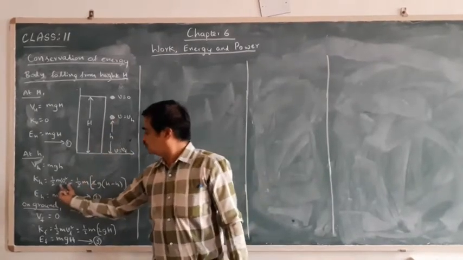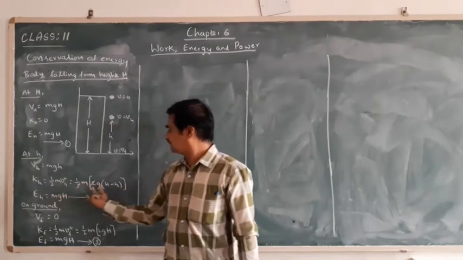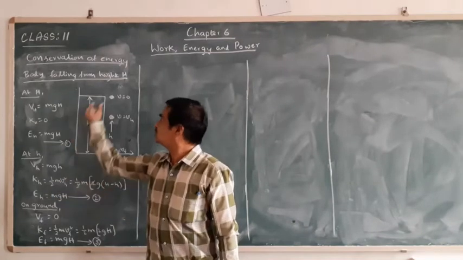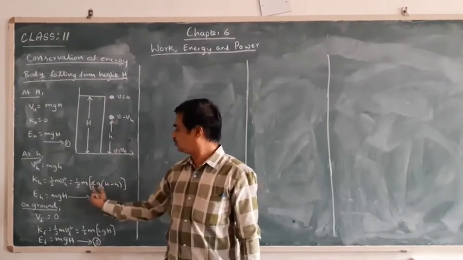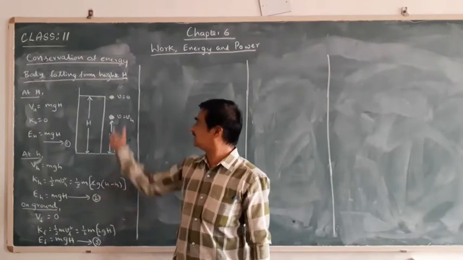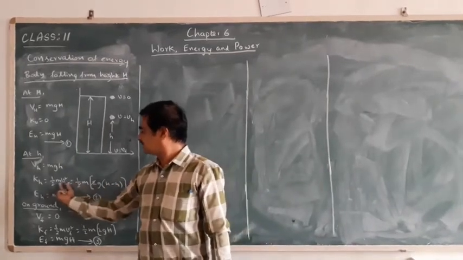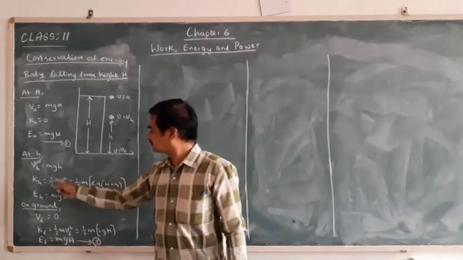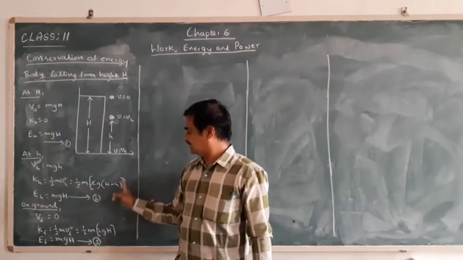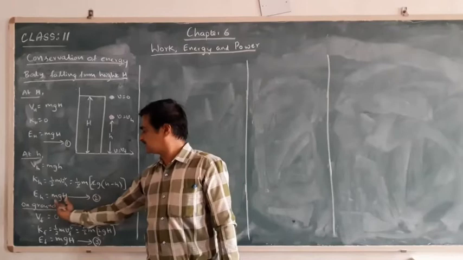Using v square minus u square equals 2as, vh square minus 0, since it starts from 0, is equal to 2 into g, the acceleration due to gravity, into the displacement capital H minus small h. Then substituting this for vh square, we get mg capital H minus mg small h. The mg small h terms cancel, and the total energy becomes mg capital H.